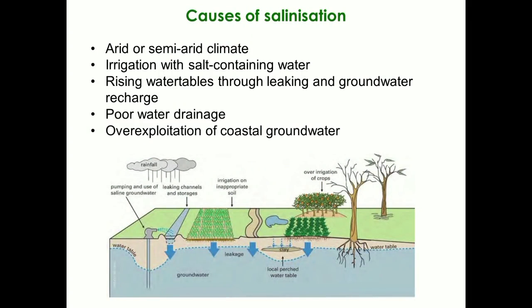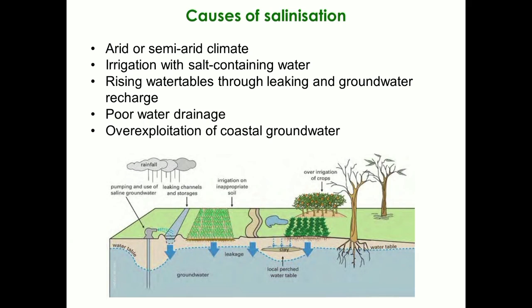So this is particularly a problem in arid and semi-arid environments where evaporation rates are increased. These locations also tend to have lower levels of rainfall anyway, so irrigation inputs are required more. The type of water that's irrigated is also critical here. If it's water that's near coastal, more brackish or saline water, there's obviously a much higher concentration of salt in that water, so that's inputting a much higher concentration of salt onto the land.